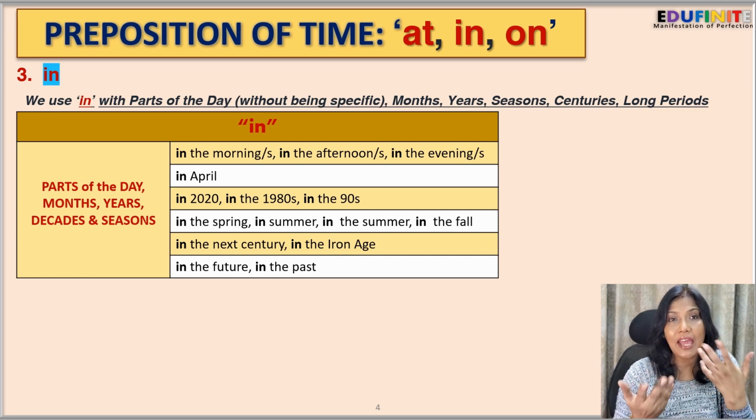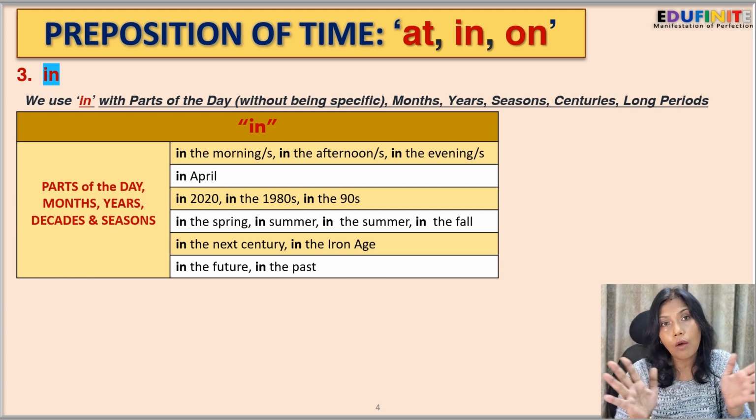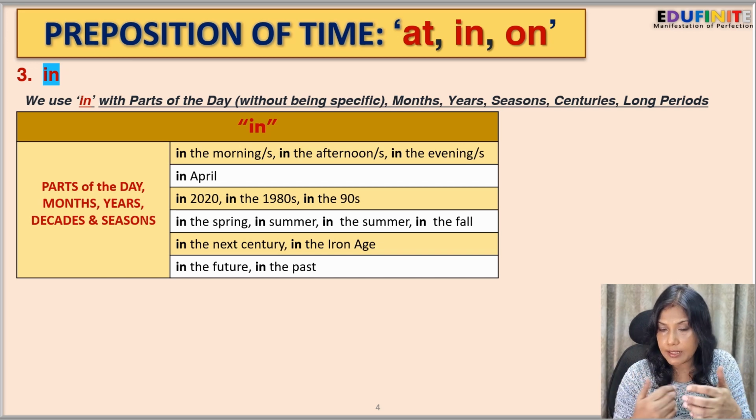So in April, it's throughout April. In 2020, it's throughout the year. In the 1980s, that means throughout that particular decade, in the 90s.